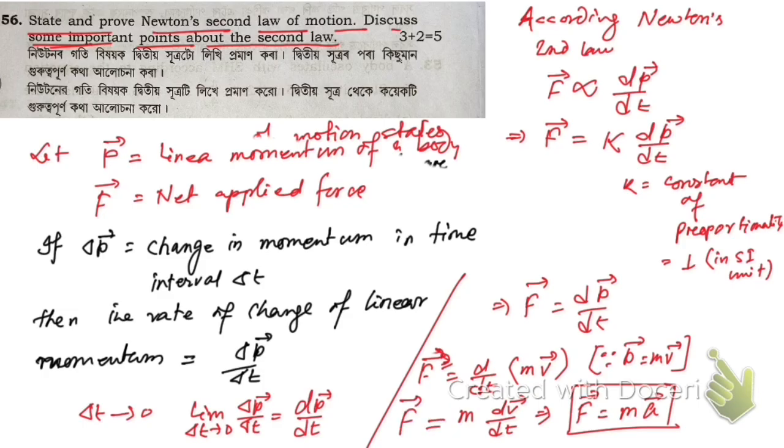So here we're going to write, since acceleration A is equal to dv by dt, right? And that's how we can prove it, right?